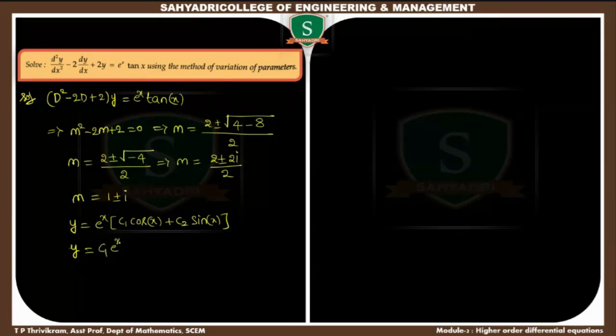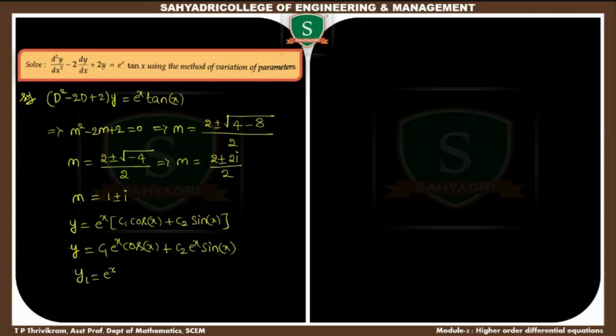So e power x cos x, similarly plus c2 e power x sin x. Now this time y1 will be e power x cos x, y2 is equal to e power x sin x. So take it as equation 1.